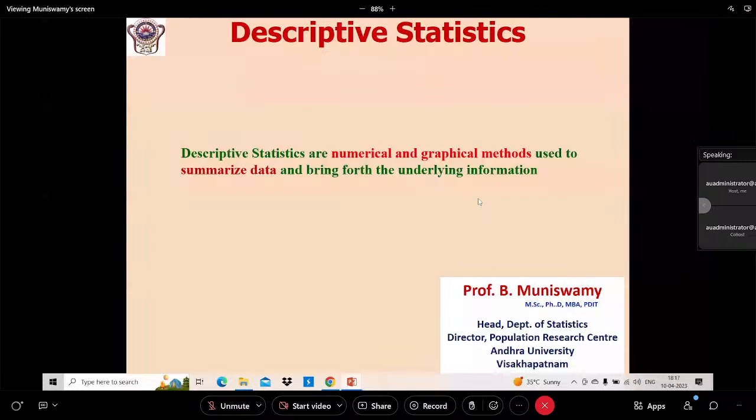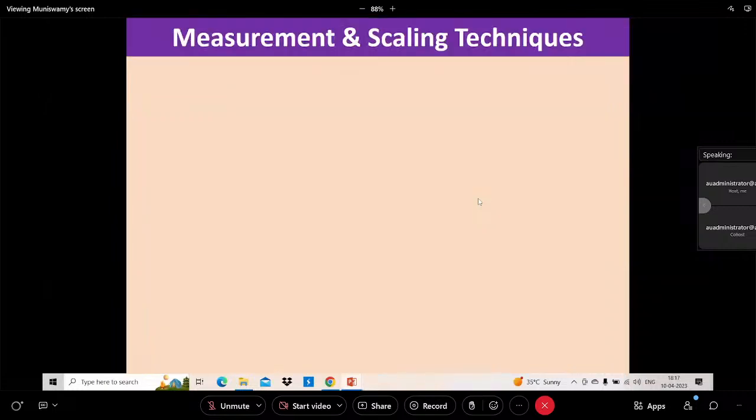So first and foremost, what is measurement and scaling techniques? Data is generally the backbone of statistics. Daily we are generating lots of data. It requires suitable statistical tools and techniques.